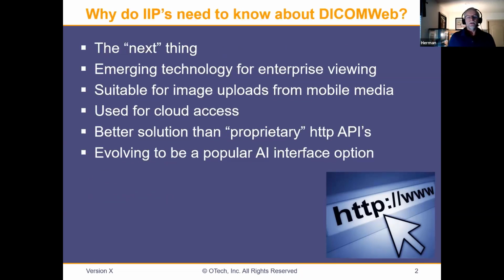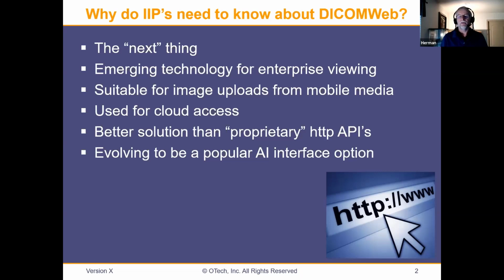So why do IIPs need to know about DICOMweb? Well, first of all, it's the next thing. When you hear about FHIR, you hear about artificial intelligence, and you hear about VNA, all of that is facilitated by DICOMweb.